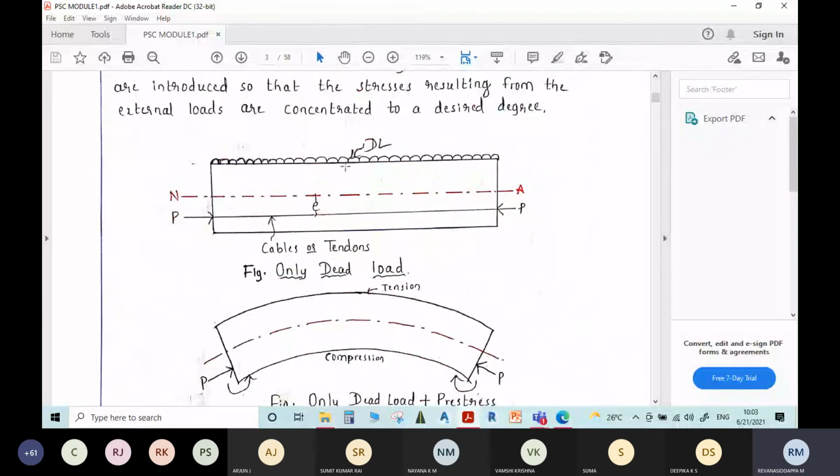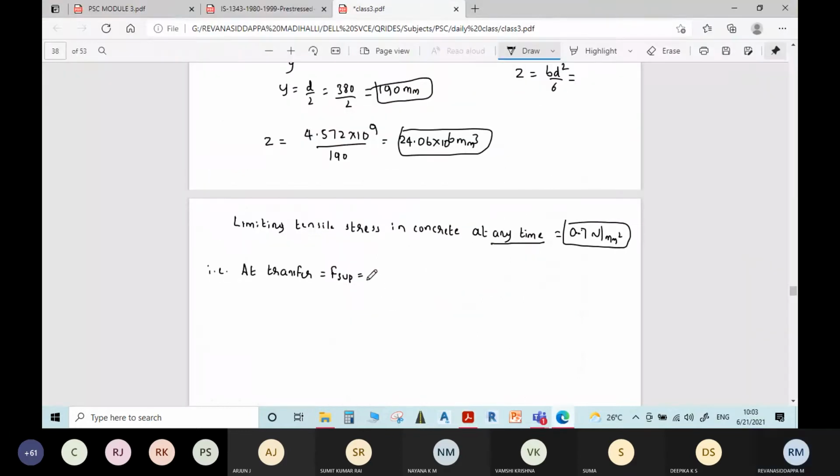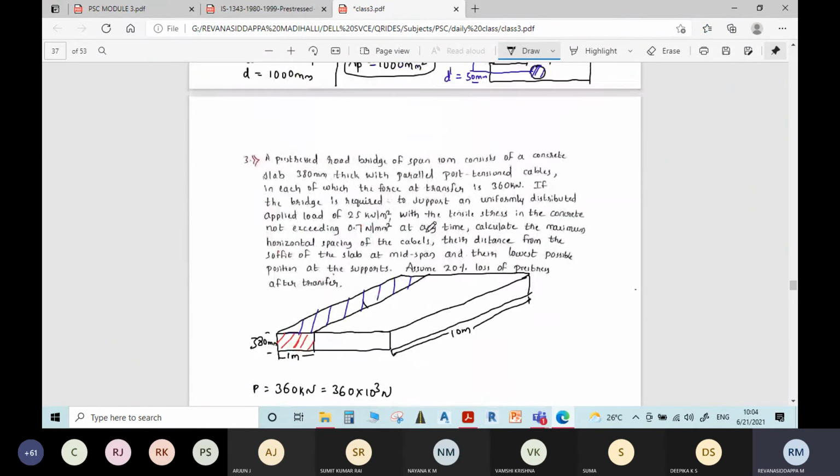So this is the transfer condition. Only dead load is there and pre-stressing force is there. At this condition, when you induce the stresses into the concrete, the top fiber will be subjected to tension. Therefore, F superior, the stress at the top fiber, is equal to minus 0.7.